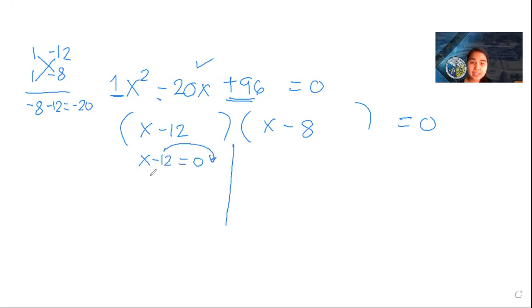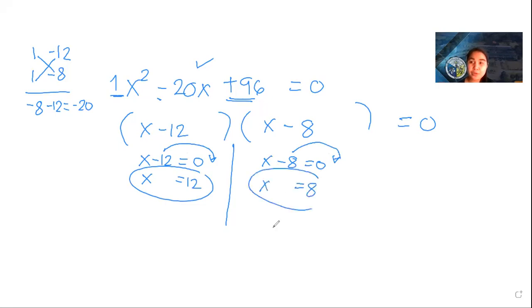Transfer to the other side, x equals 12. X minus 8 equals 0. Transfer to the other side, you have x equals 8. So our roots are 12 and 8. Don't forget the unit of measure, feet and feet.